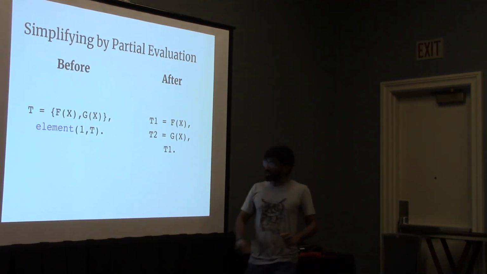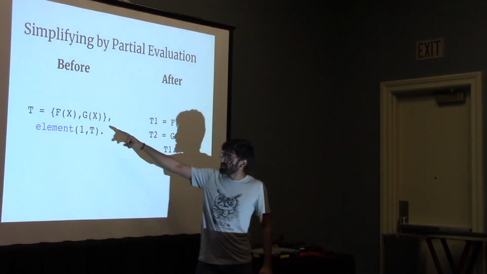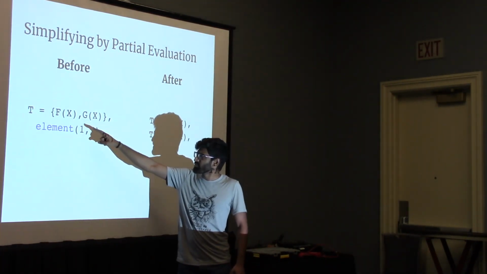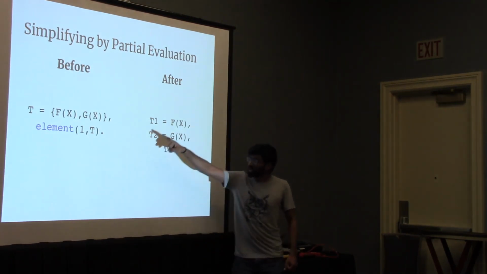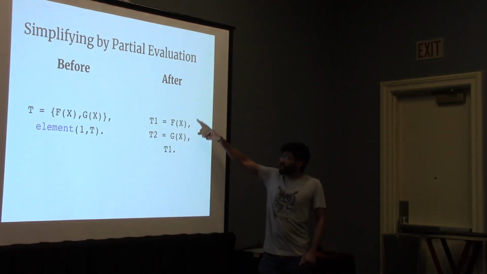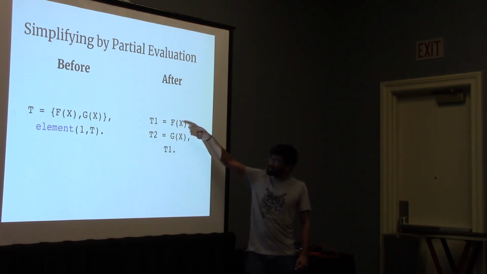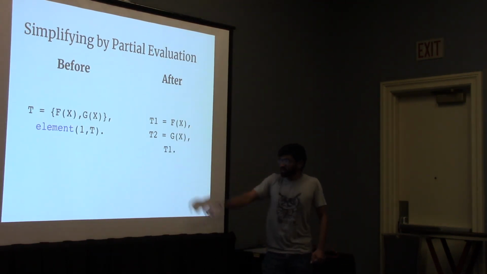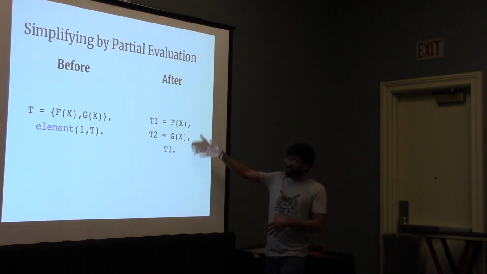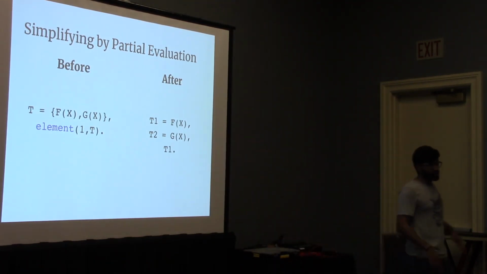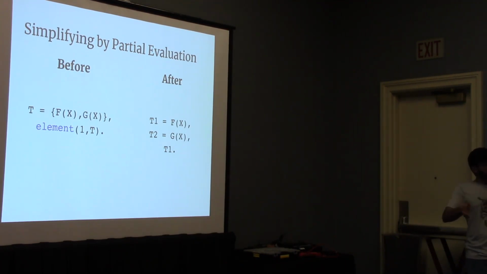For example, consider this expression: a two-tuple constructed using f of x and g of x, which returns the first component. This can be partially evaluated into an expression with two components, t1 and t2, where you return t1, the first component. Semantically they're equivalent, but this does not have element, which makes it easier for the type checker. So we do this wherever possible, right?